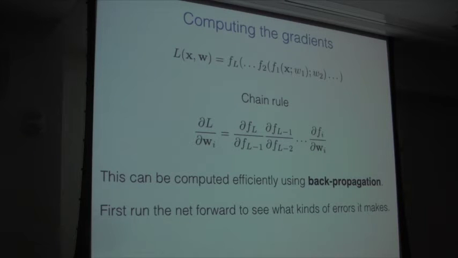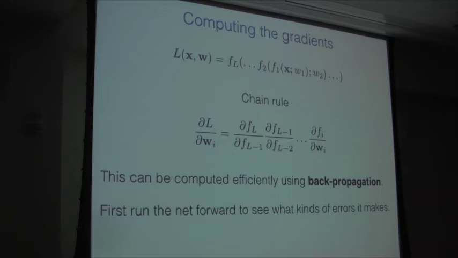network forward with the current set of inputs. So you run each of the training images through the network, and you see what kind of errors they get. Now, the gradient with respect to the final layer, the loss layer, is going to be a function of the current loss.